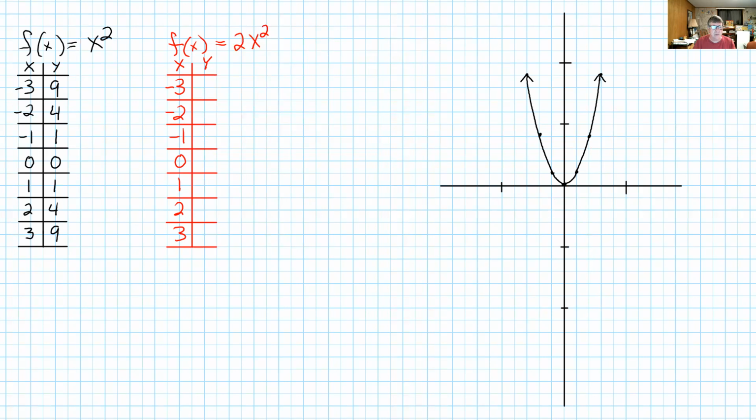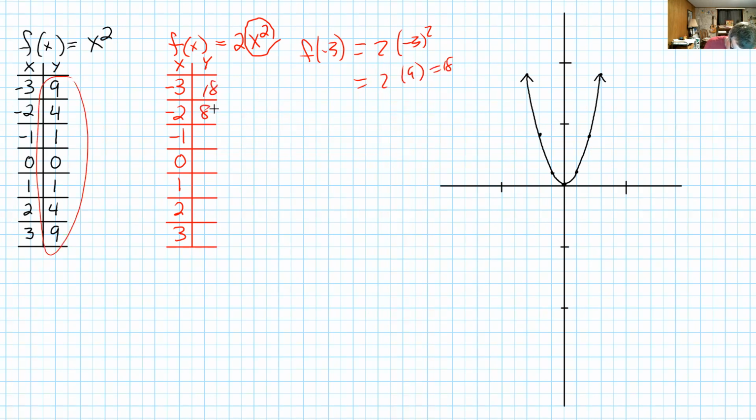What about this? Well, there's the x squared. So if I take f of -3, it's going to be 2 times -3 squared, which is 2 times 9, which is 18. So aren't I finding those values and then just doubling them? Yeah. So what's that graph going to look like? Well, let's see. -3, 18.